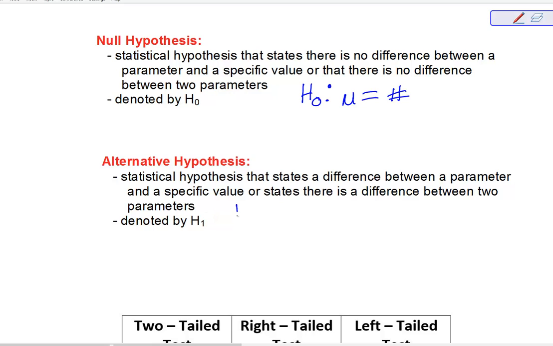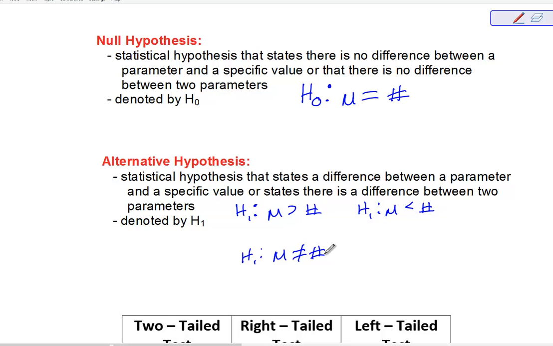And there's three different types that we'll have. We'll have the alternative hypothesis, mu is greater than some number, or we could have that the alternative, the mean is less than a number, or we can have that the alternative, the mean is not equal to some number.